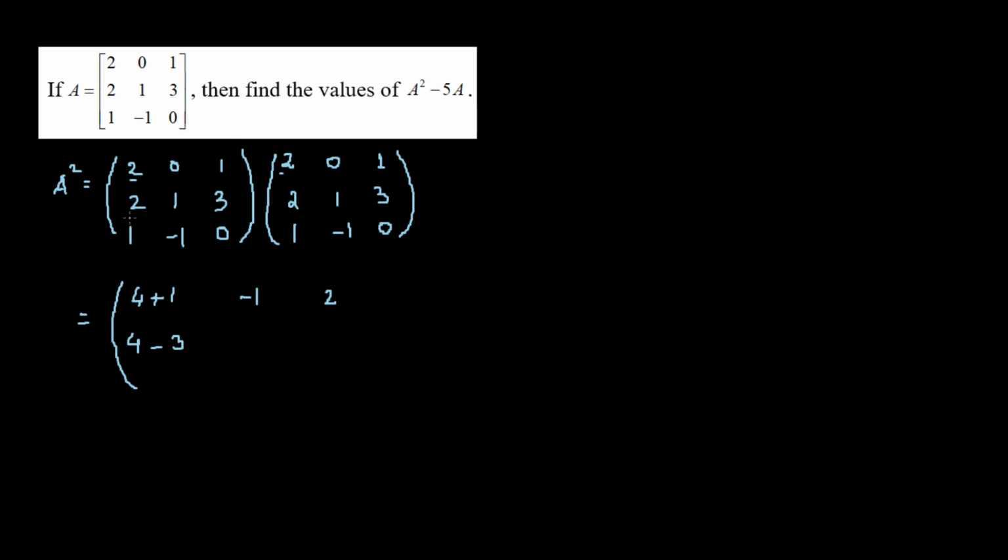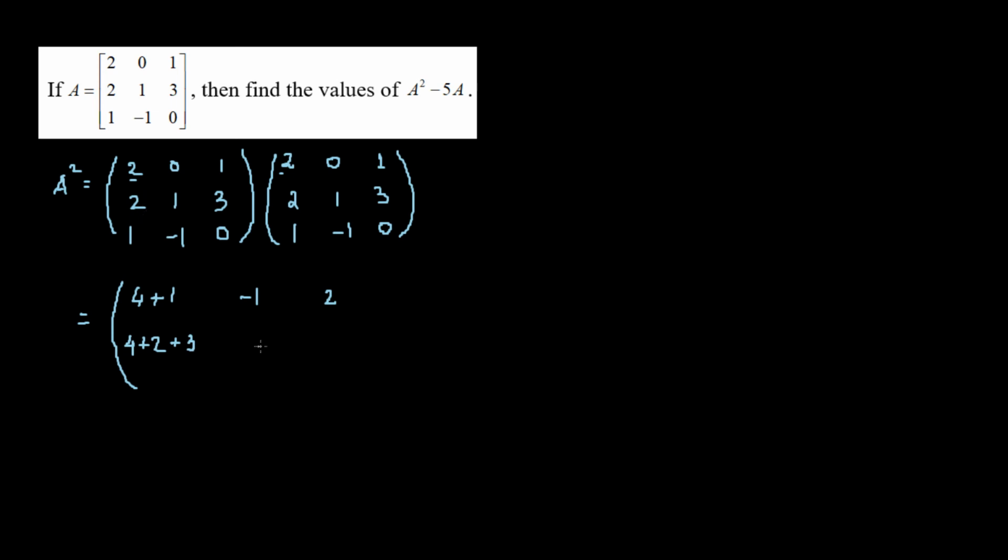For the second entry, 2 times 2 is 4, 1 times 2, I made a mistake here. So to find the element in the second row first column, we have to multiply the second row with the first column. So we have 2 times 2 is 4, plus 1 times 2 is 2, plus 3 times 1 is 3. Now it makes sense.